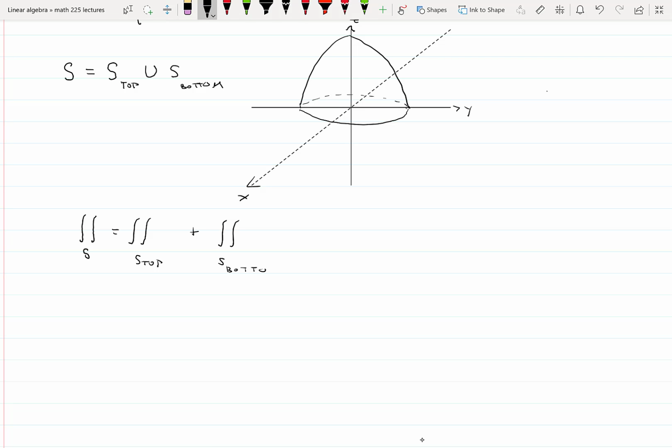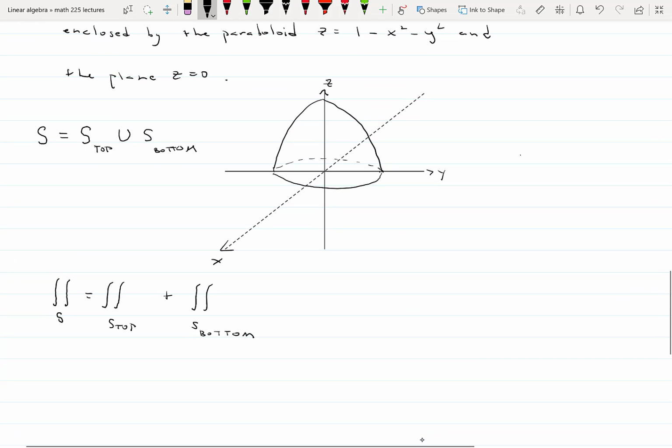So let's compute the portion of the surface integral over the top of the surface. I'm going to need a normal, so we're going to assume the positive orientation. We're computing the flux of this vector field across the surface, assuming a positive orientation.